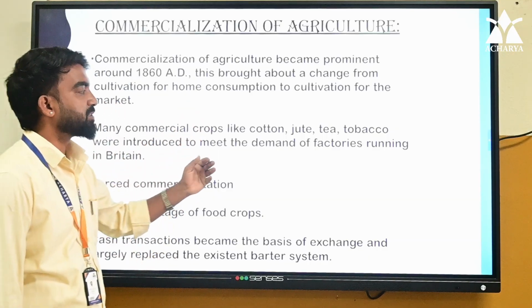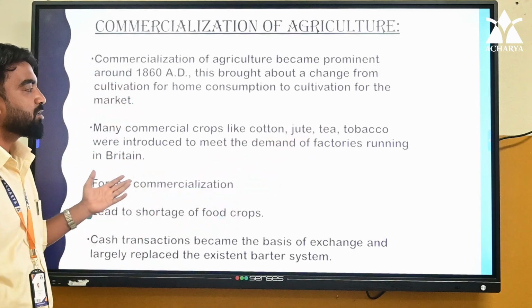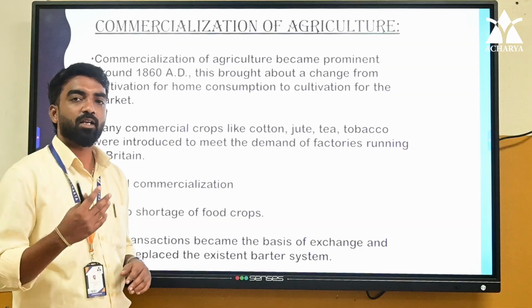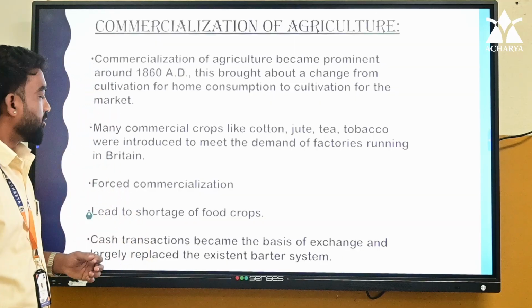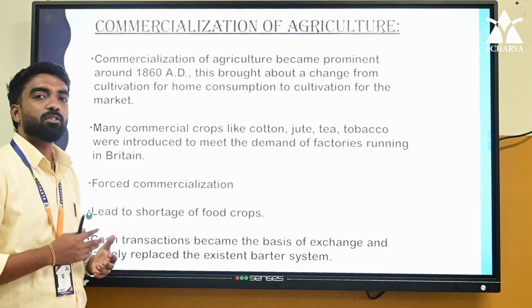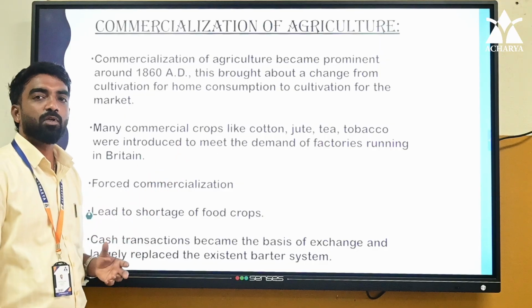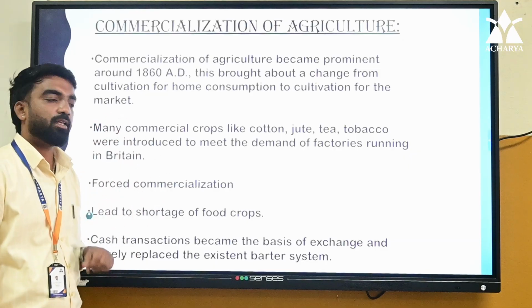Many commercial crops like cotton, jute, tea, tobacco, and indigo were introduced to meet the demand of factories in Britain and European countries. Forced commercialization: they forced our farmers to grow only cash crops or commercial crops which were in demand in Europe, not in India.